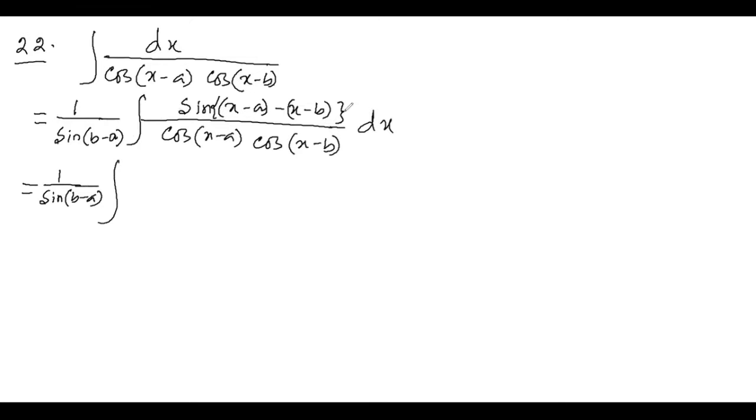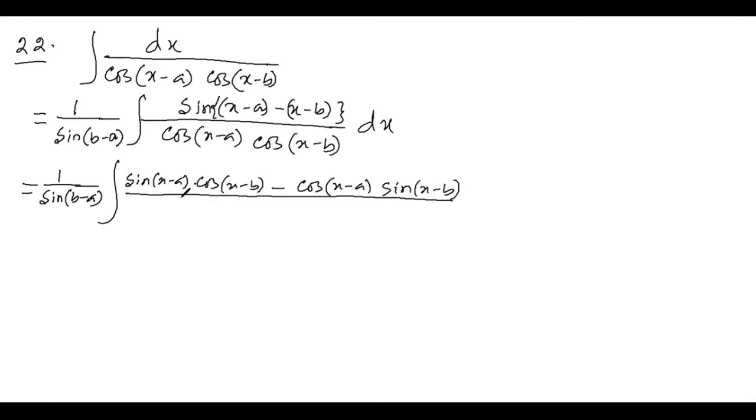Now we use the formula for sine of a plus b. So sine of x minus a into cos of x minus b minus cos of x minus a into sine of x minus b. I think this is clear to all of you. Over cos of x minus a into cos of x minus b, and sine of b minus a.